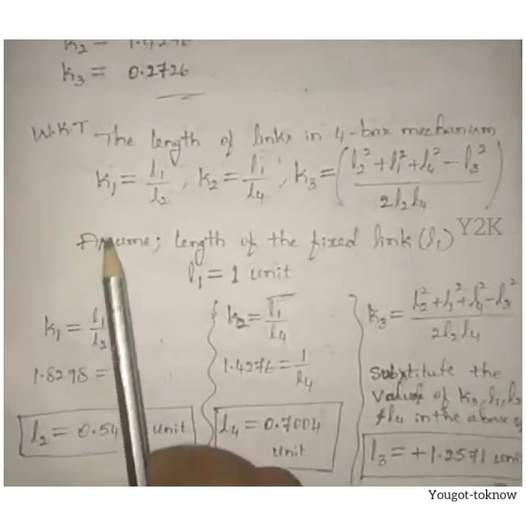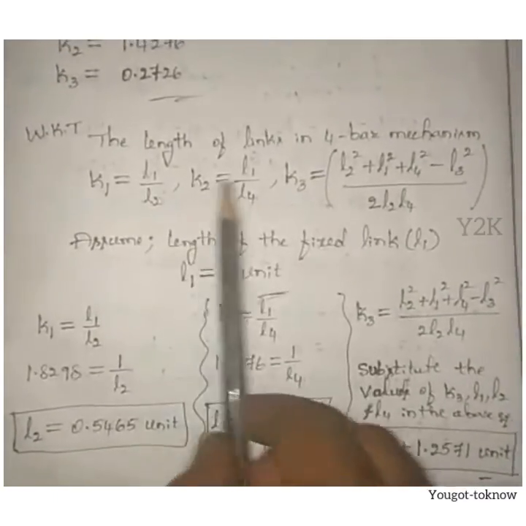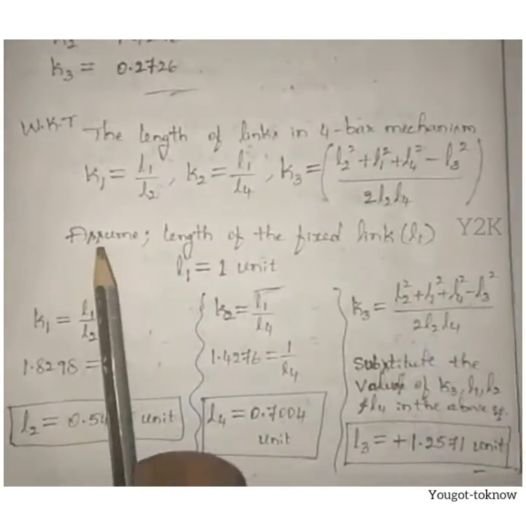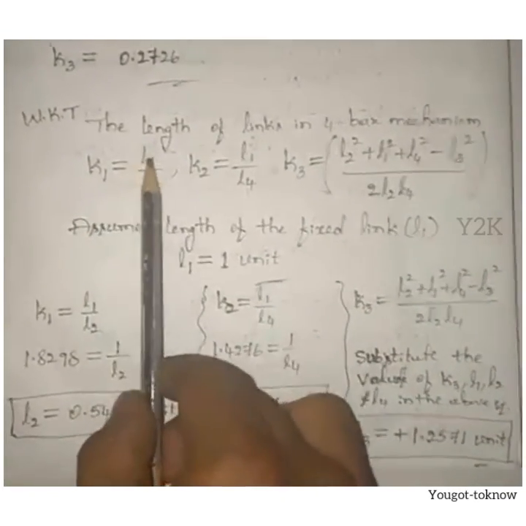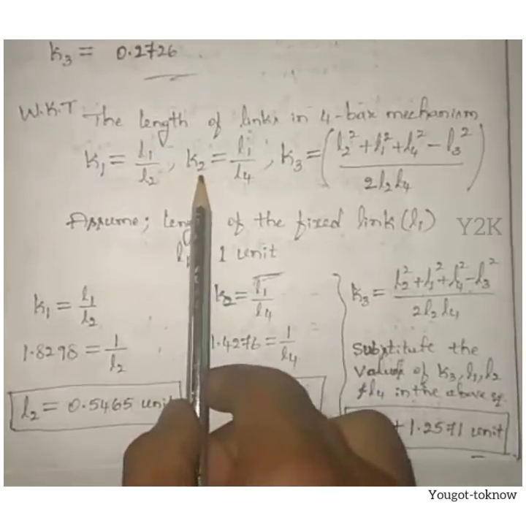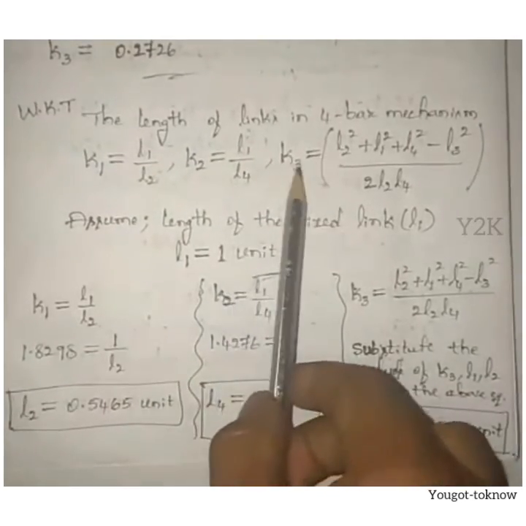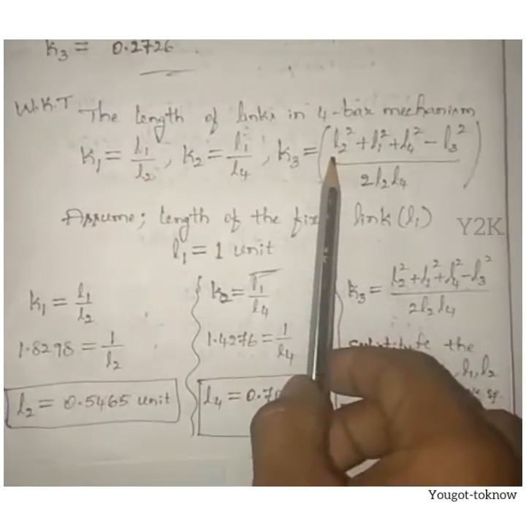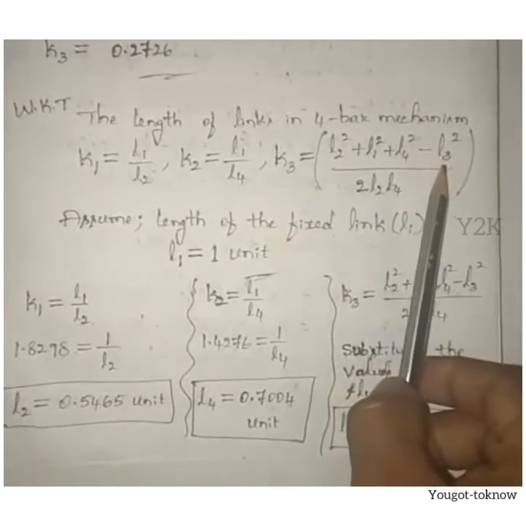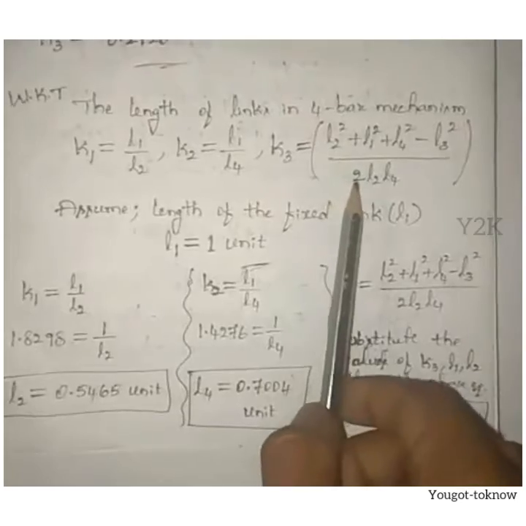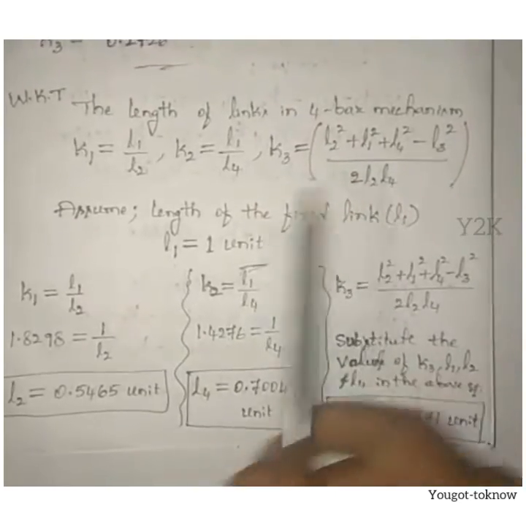After finding the values of K1, K2 and K3, we know the formulas: K1 equals L1 by L2, K2 equals L1 by L4, and K3 equals L2 square plus L1 square plus L4 square minus L3 square divided by 2 into L2 into L4.